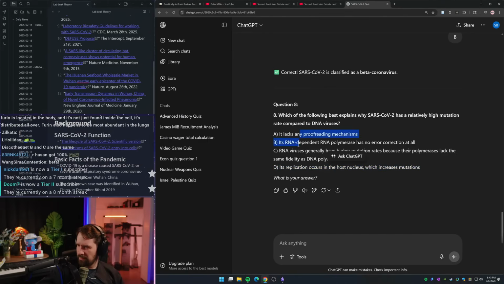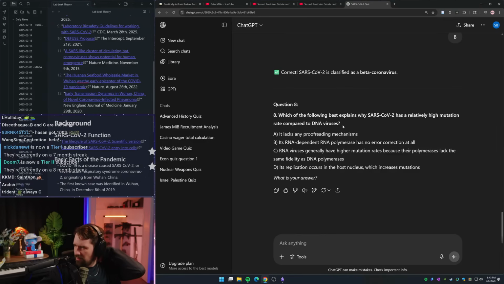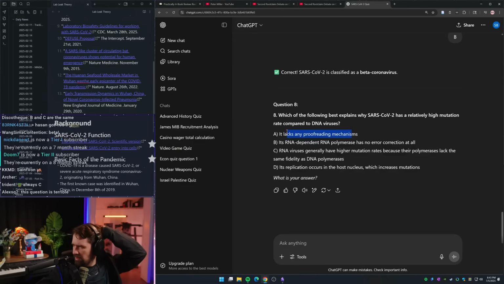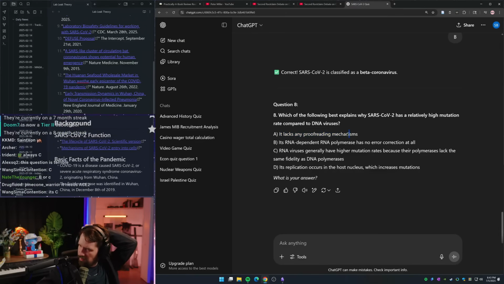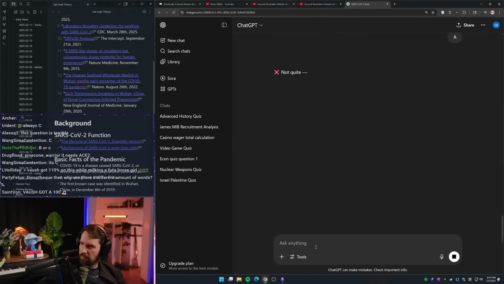That's definitely not true. I feel like these three are all saying the same thing, kind of. It lacks any proofreading mechanisms. How can they proofread, no? Does that thing inside the cell count? Same fidelity as... I'm going to say A. Fuck!